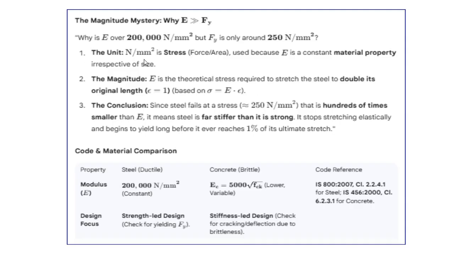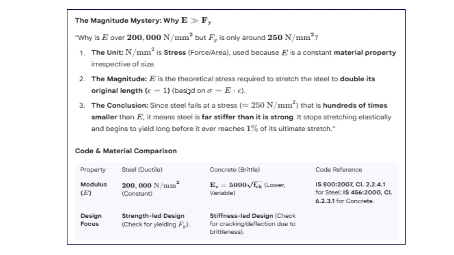The unit Newton per mm² is stress, force by area, used because E is a constant material property irrespective of size. The magnitude of E is the theoretical stress required to stretch the steel to double its original length. I will explain this concept later in detail. It is a theoretical stress only.